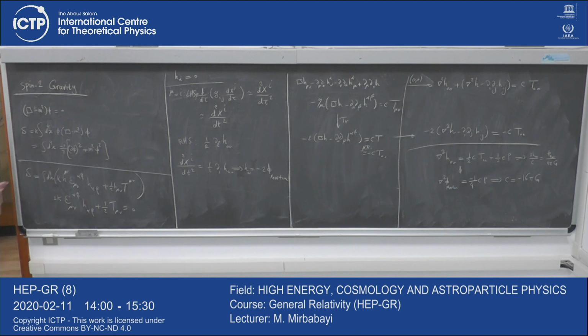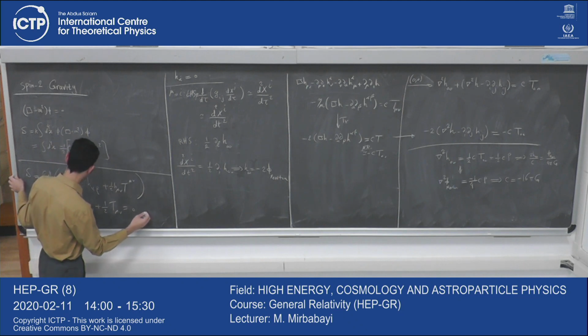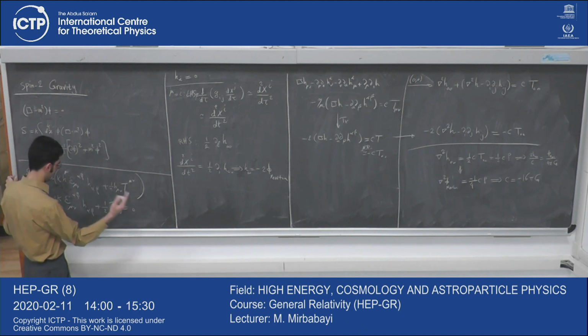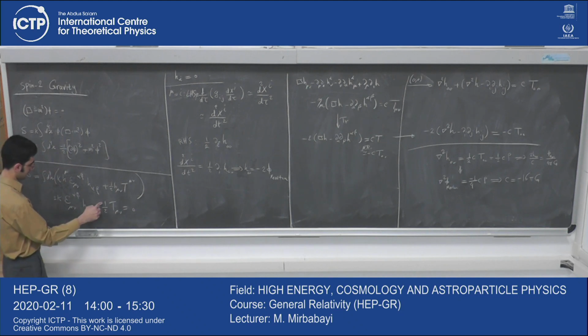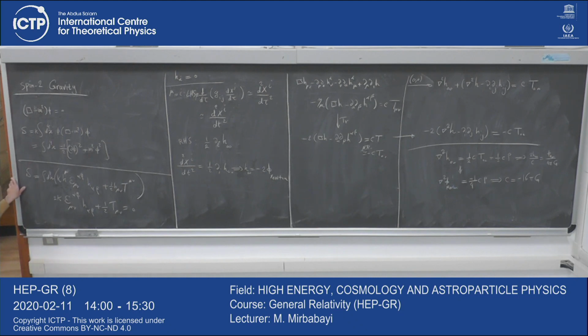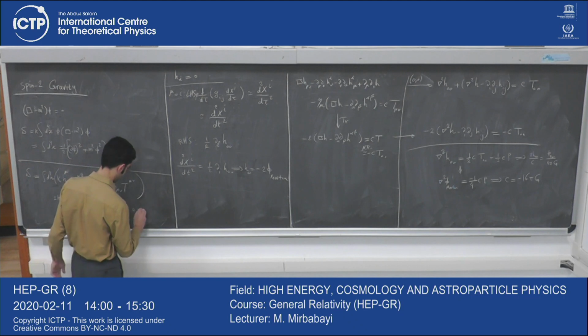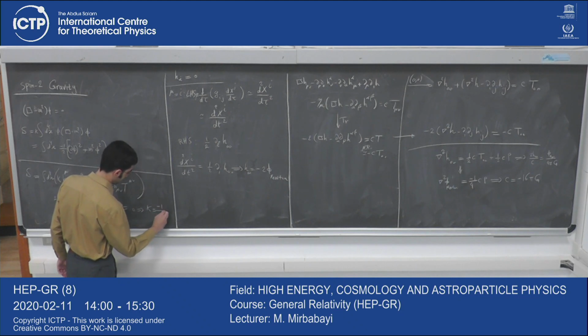So for these to agree with that equation, we have to identify k with C. So we get minus 1 over 4k has to be equal to C. So k is minus 1 over 4C.